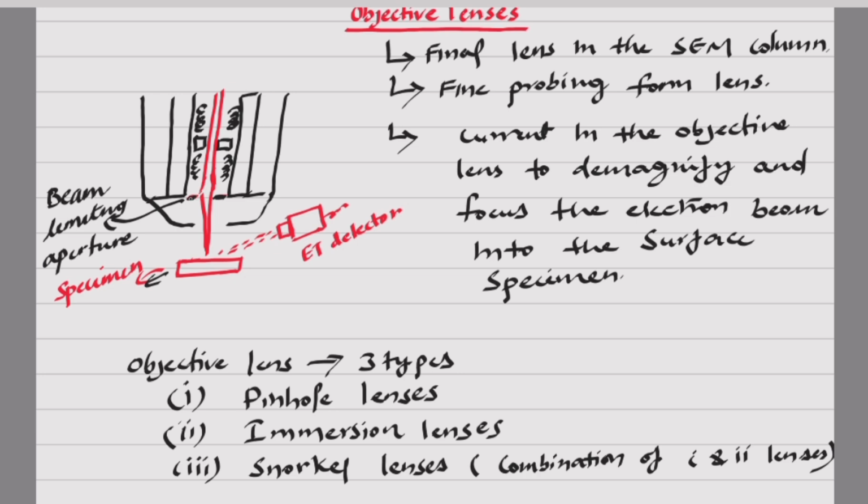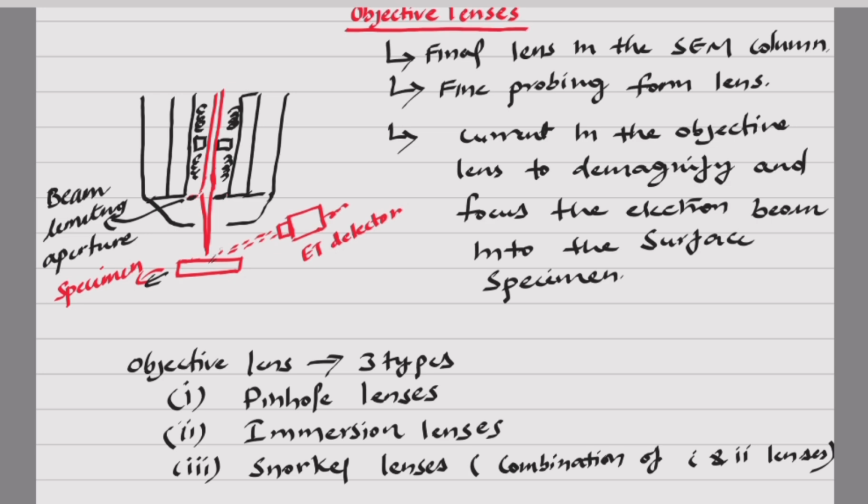This aperture cuts down the electron beam into a fine focusing beam, which focuses onto the specimen surface.